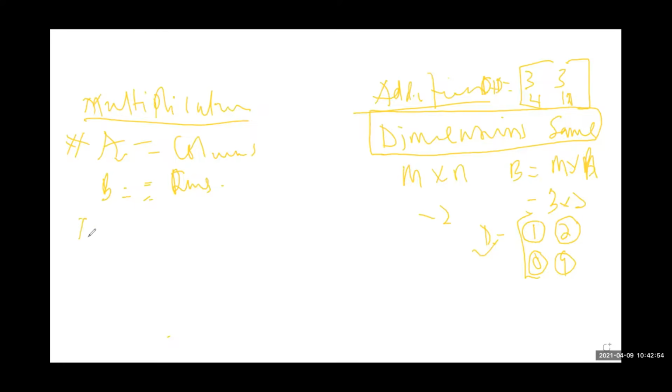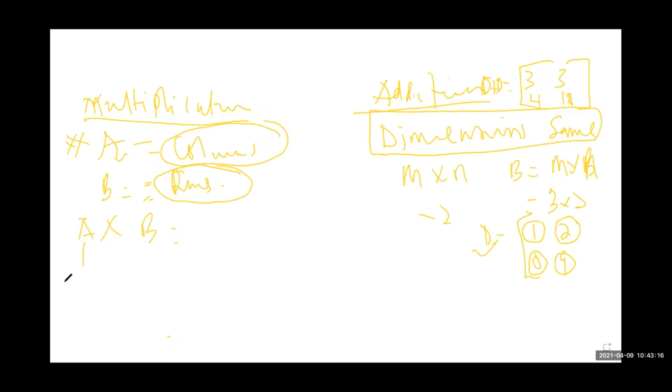It means that if I have matrix A multiplying matrix B, I can only multiply them if the number of columns for matrix A is the same as the number of rows for matrix B. Then I can go on and perform the multiplication. That is the first thing that you have to understand.